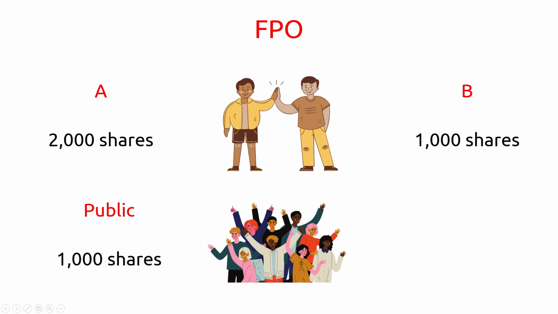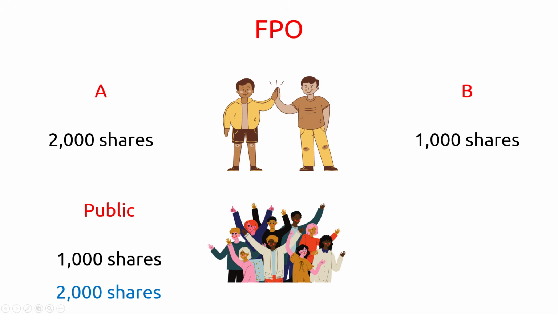Now, if it wants to offer new shares to the public, then it is called an FPO. Okay. Now, let us say that the company issues 1000 more shares to the public, meaning now 2000 shares are with the public.